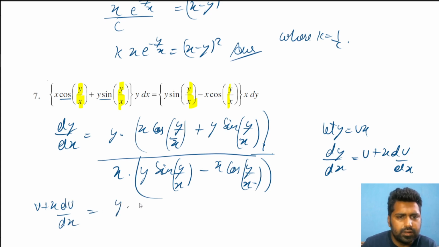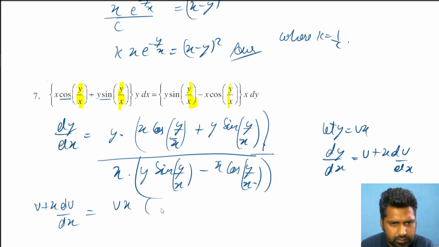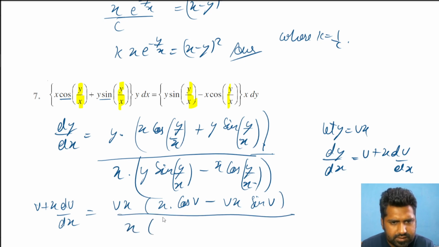So y is vx, this is x cos vx by x, so only v, minus y is again vx, and this will become sin v. Denominator will become x, vx sin v minus x cos v.